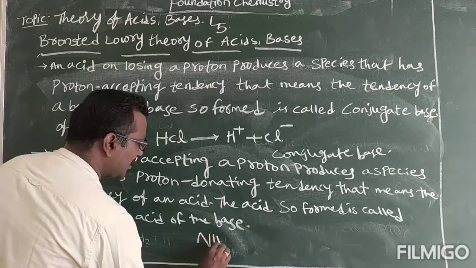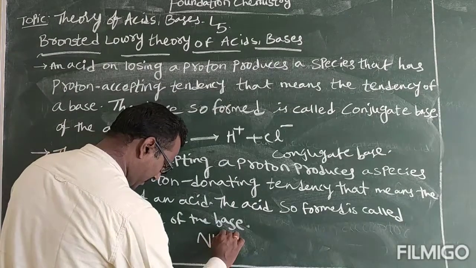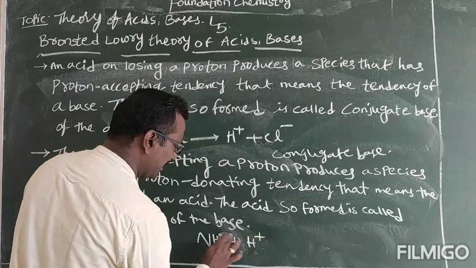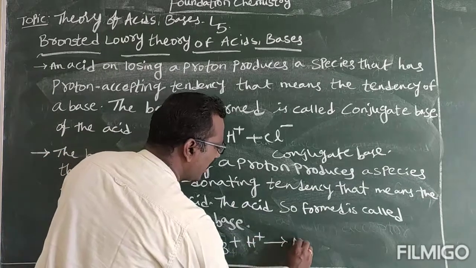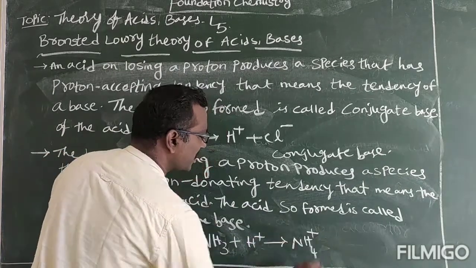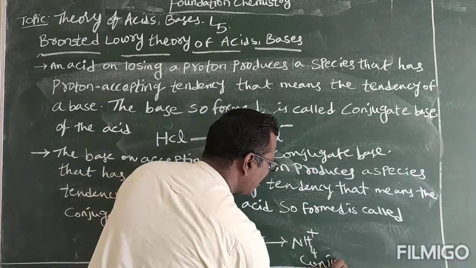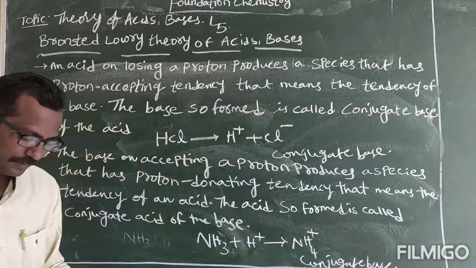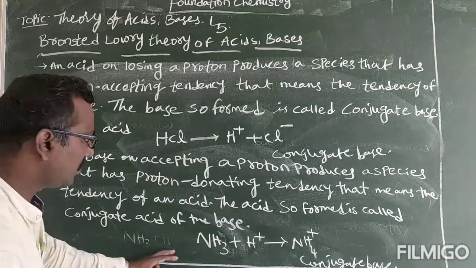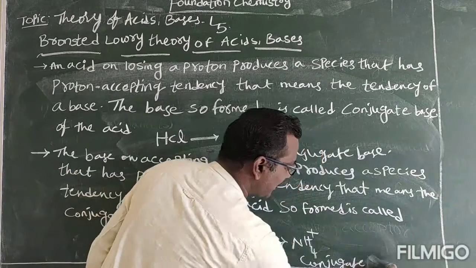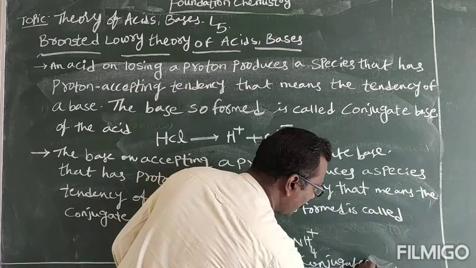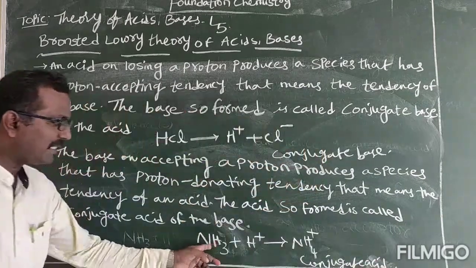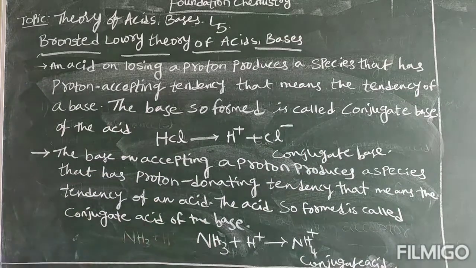That is, NH3 plus H+ gives rise to NH4+. This is the conjugate acid of the base NH3.